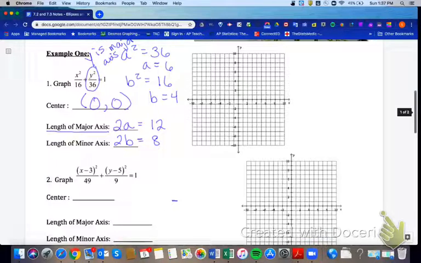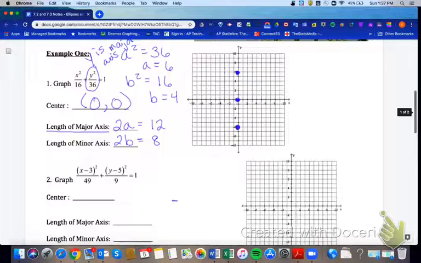As we look at the graph, we start with the center, and this center is at (0, 0). It has to be longest on the y-axis, so from the center, we're going to go up a units and down a units. Well, a was 6, so we go up 6 and down 6.